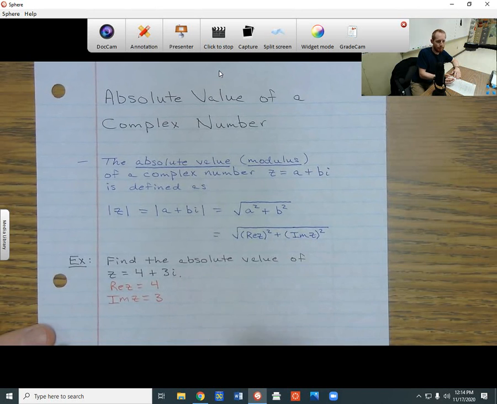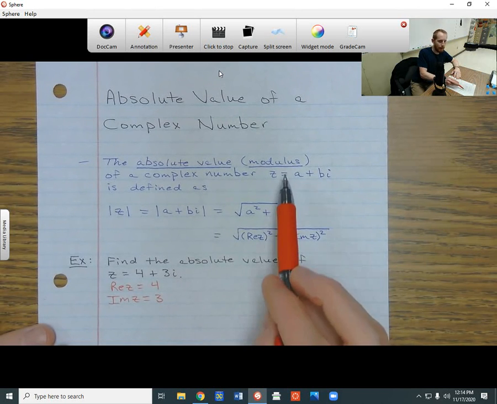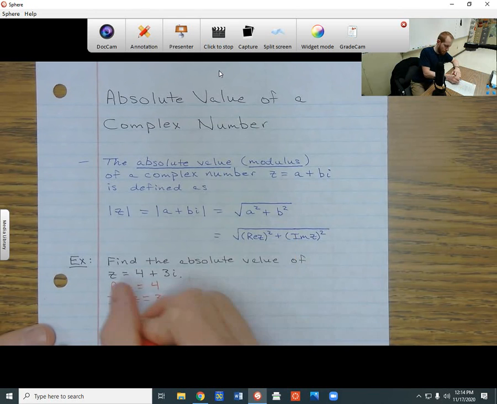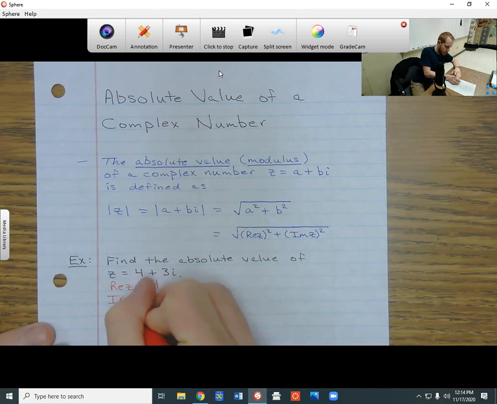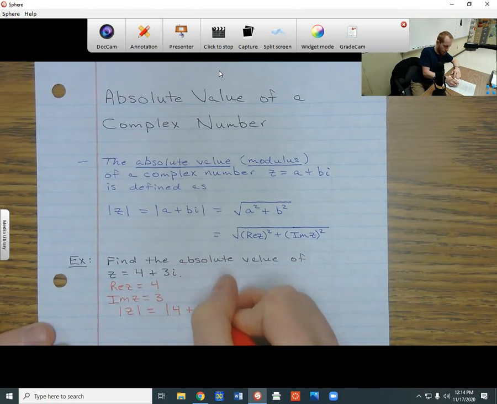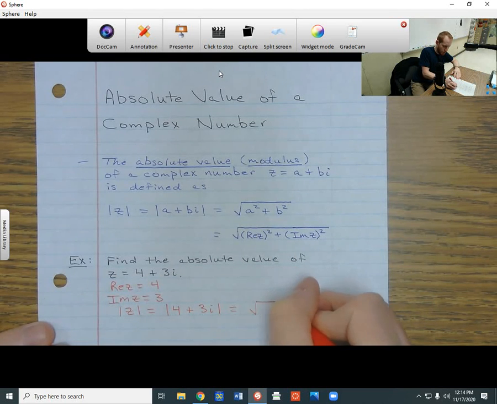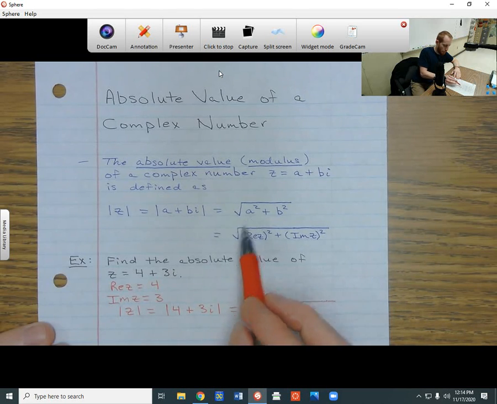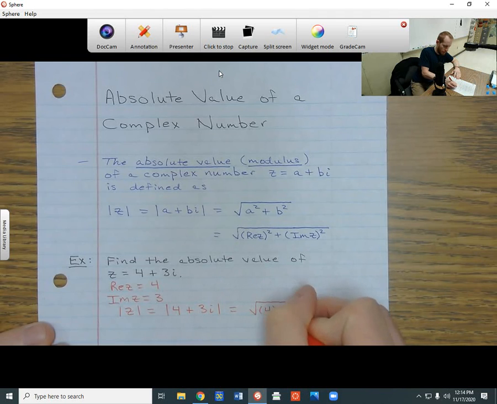So, the absolute value of z is the same thing as the absolute value of 4 plus 3i, and then I get my square root going. Now the a is 4, that's the real part, so I'm going to have 4 squared. I put the 4 inside parentheses, and we're going to add the imaginary part, which is also in parentheses, the 3, and then I square that.